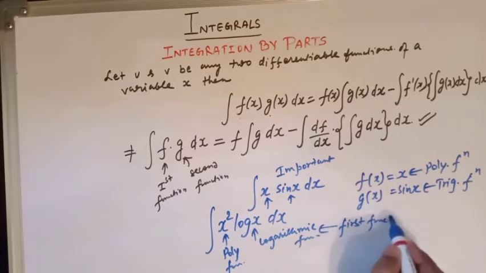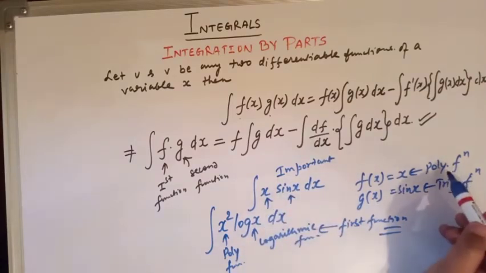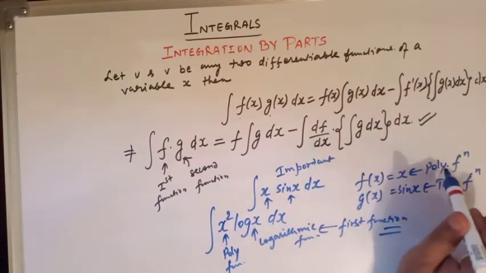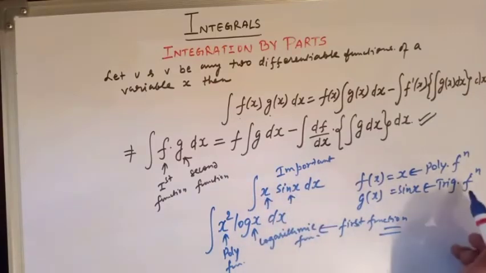Clear? So when we have a polynomial function with a trigonometrical function, then we must treat the polynomial function as the first function and the trigonometrical function as the second function. Clear?